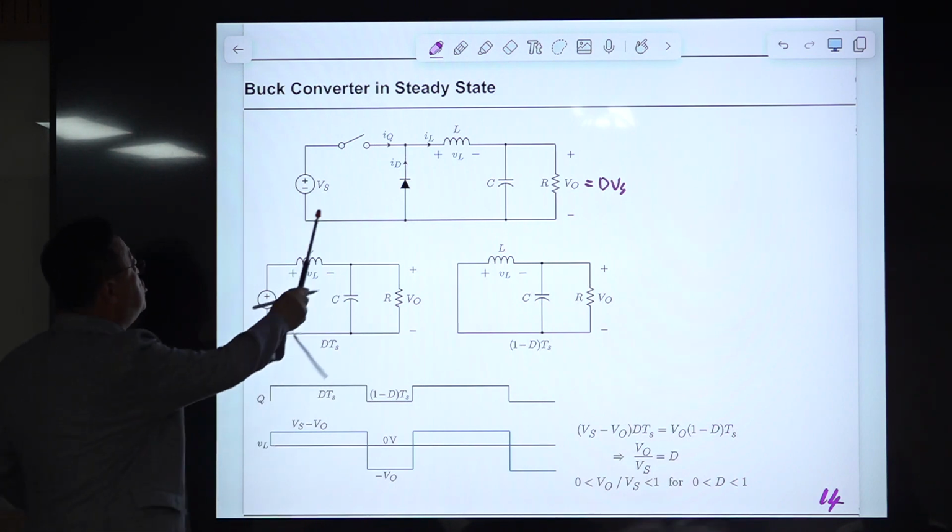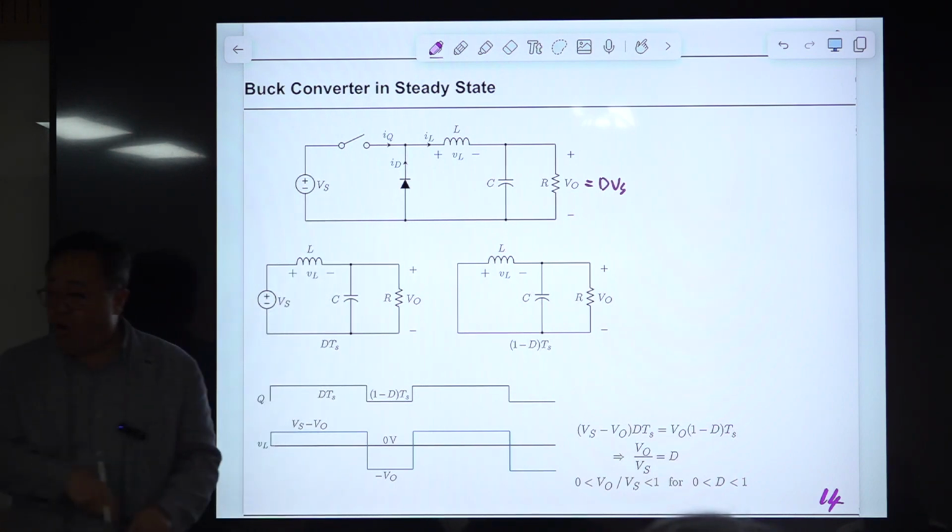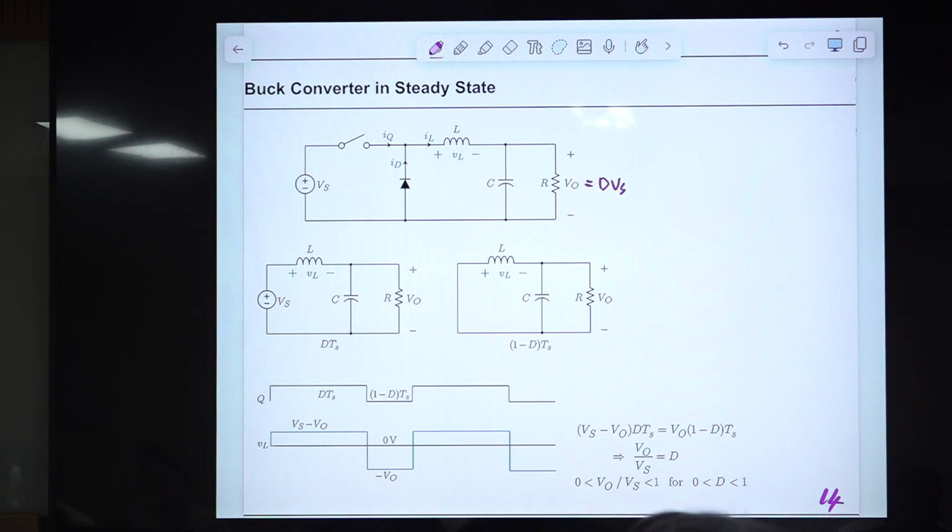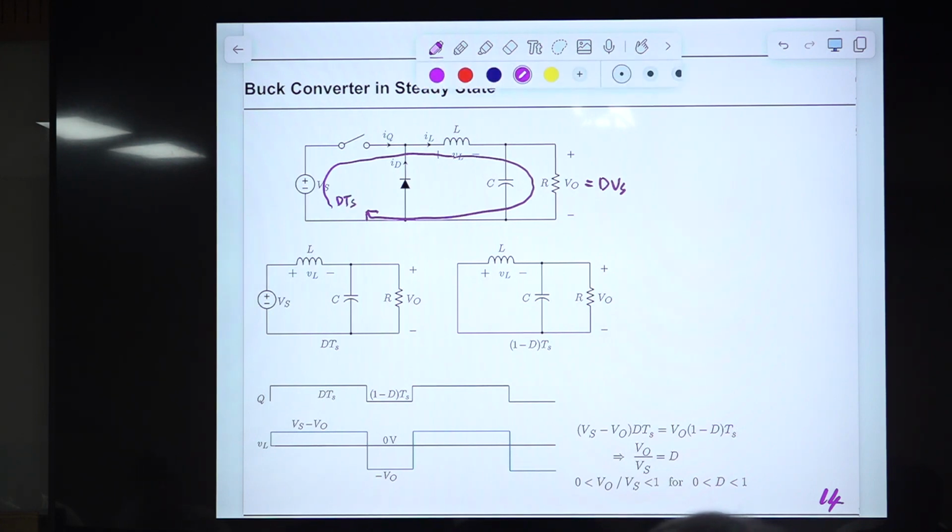When the switch is connected, the current path will be like this. The switch is connected, then the diode is turned off. So this current path is for DTs, which is the on-time period. Then there is the off-time period, where the switch is turned off.